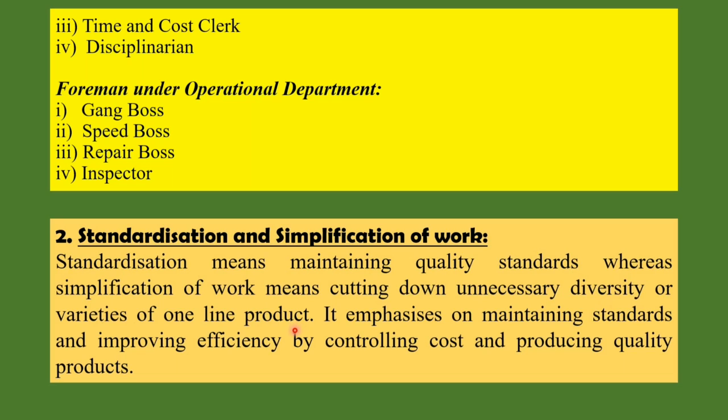If a particular product or line of product is not earning more and it is increasing the cost of production, then such a product or line of product should be cancelled or eliminated, so that the efficiency is increased and there is a reduction in cost. So that is what simplification of work basically means, that is cutting down or eliminating the unnecessary line of product or varieties of product. So this is what standardization and simplification of work means.